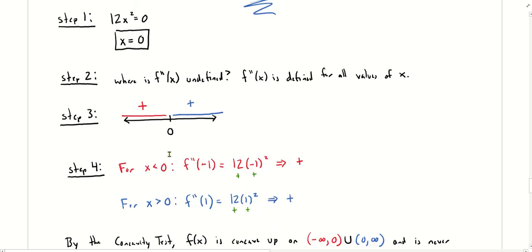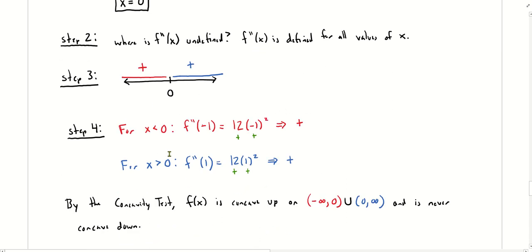And so technically, at 0, we don't have a concave up function. We have a function that's neither concave up nor concave down. So we have to express this excluding 0, meaning we want those two open intervals that don't include 0. So this statement would be incorrect because technically at 0, the function is not concave up. So we want to make sure we write it like this.